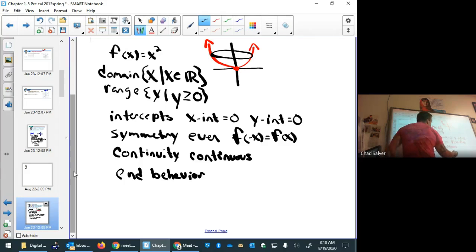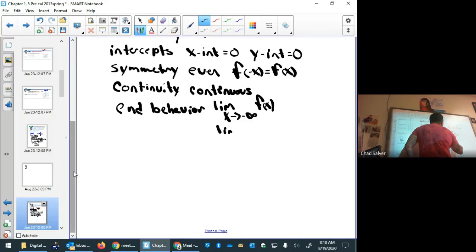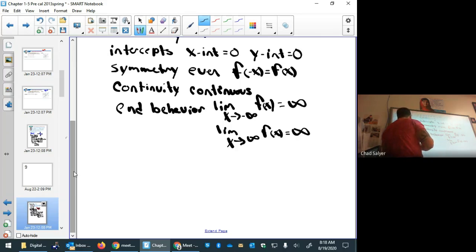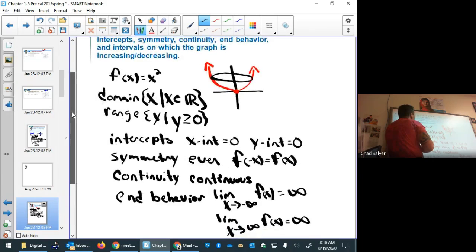So in this case, the limit as x goes to negative infinity of f of x, and the limit as x goes to positive infinity of f of x, in both cases, this will be positive infinity, because you see it goes up, up, up without bound in both directions.